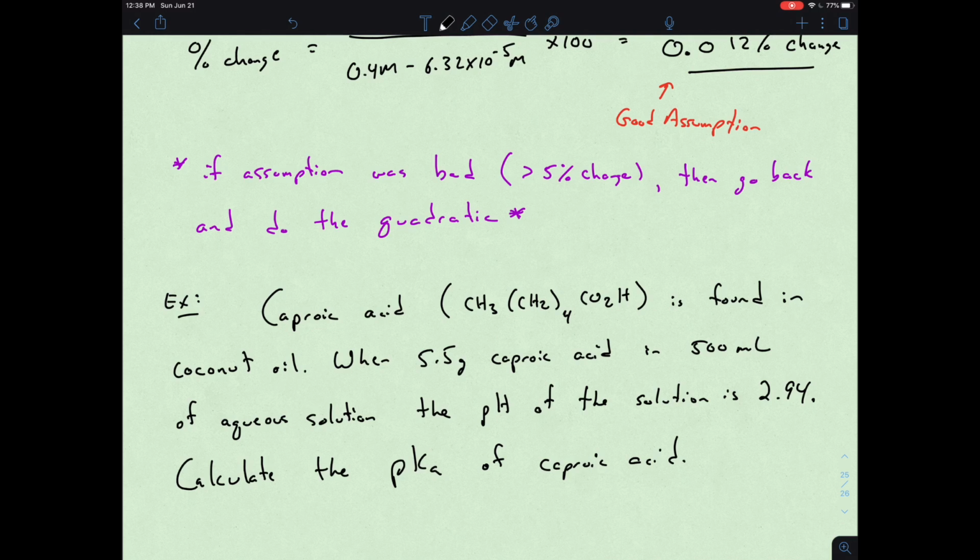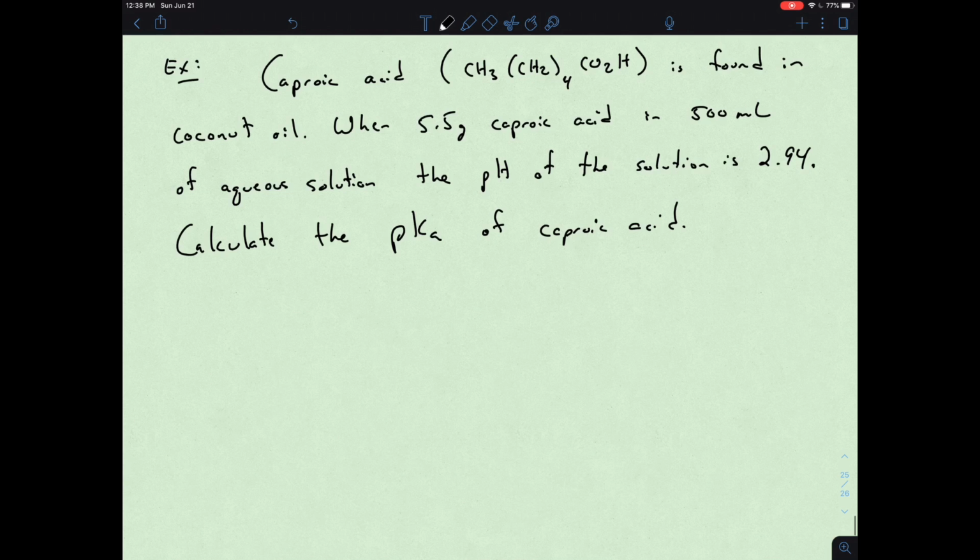So there's our question. When we dissolve 5.5 grams of caproic acid in 500 milliliters of solution, we get a pH of 2.94. From that information, we should be able to calculate the pKa of this particular acid. So our first step here is to identify. Our structure has that weak acid functionality, the carboxylic acid.